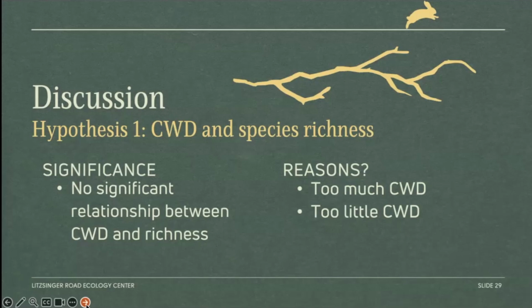So the more likely reason is that we have too little coarse woody debris on our site, to where most mammals just preferentially use the brush piles. And this makes sense because we are on a burn rotation and we constantly are picking up the coarse woody debris throughout our woodlands. So it definitely makes sense that we have too little coarse woody debris for us to be able to even have a trend line like that.